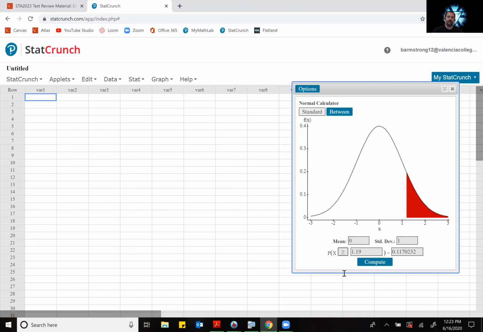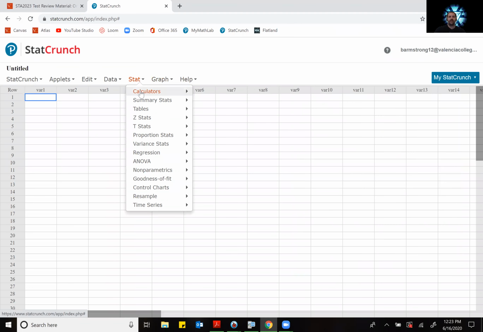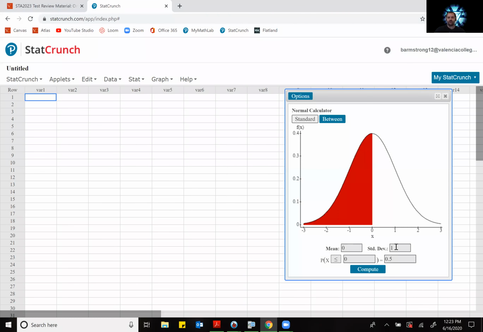And there's my probability. And how would you get that graph in StatCrunch again? Okay, no worries. So let's just delete this out. Go to Stat, Calculators, and then you're dealing with normal. Then you put in your mean, you put in your standard deviation.